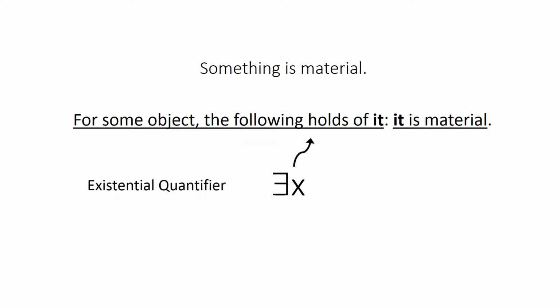This pair of symbols is called the existential quantifier. The first symbol, that backwards E, is the existential quantifier symbol, but it's only ever going to show up with a variable immediately after it. So existential X is an existential quantifier. And again, we're making some claim about that X, in this case, that it is material.